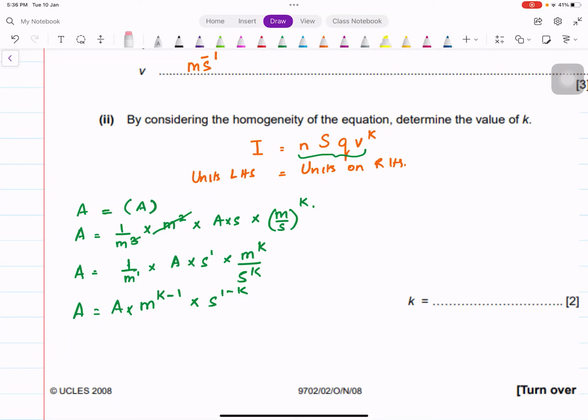No, it is homogeneous. Do not think it is not homogeneous. It is 100% homogeneous. What you should understand is that at the end of this solution, there should be no meters or seconds in this equation, because if there was A first, the whole equation on the other side should also be equal to ampere. Do you get my point, what I'm saying? Yes. Okay.